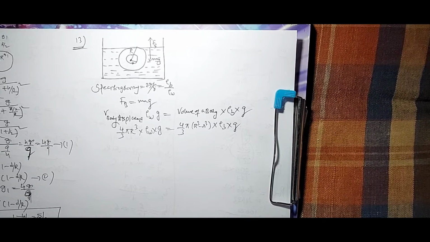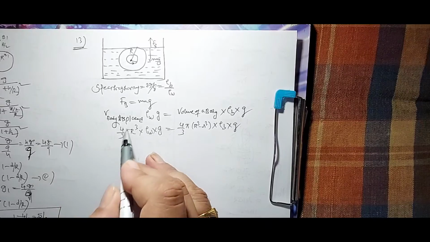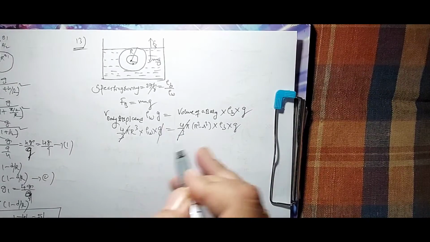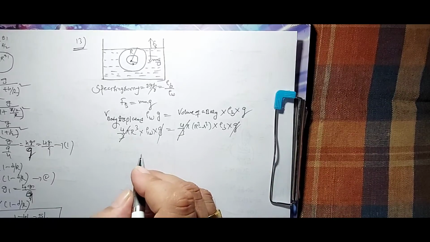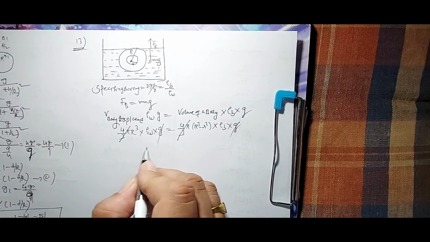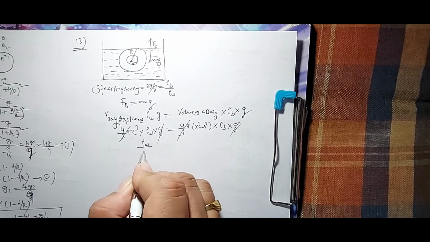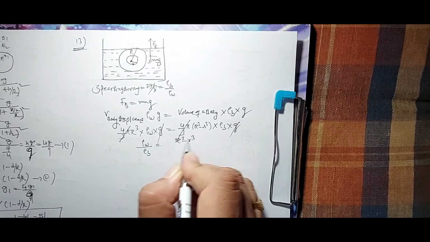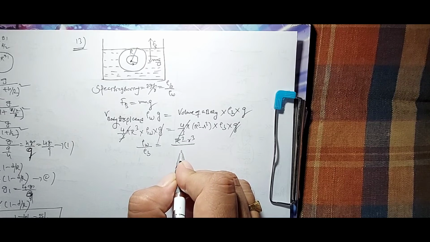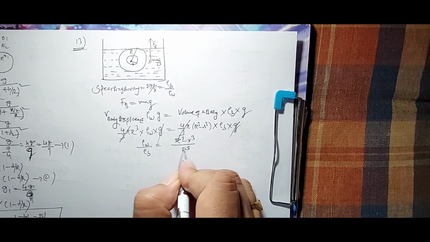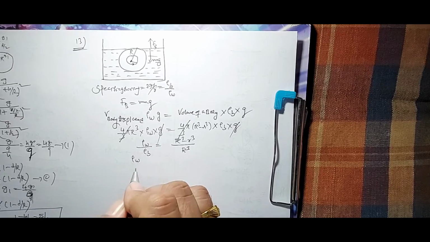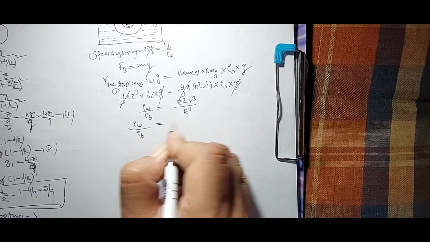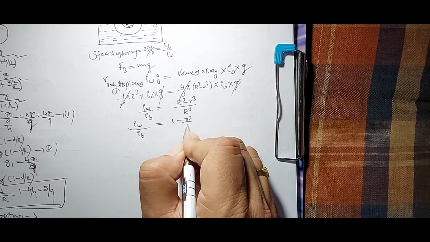Now 4 by 3 pi cancels and g cancels. Now we write here rho w by rho b is equal to (R cube minus r cube) divided by R cube. So rho w by rho b is equal to 1 minus small r cube by capital R cube.